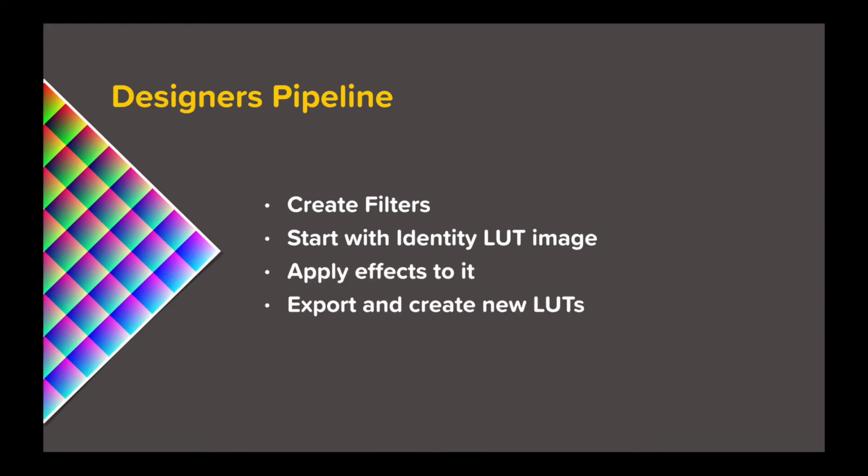Then they apply each of these values to different lookup tables, and then they export these to create new lookup tables. So I hope you got the point. They start with the LUT image, apply a bunch of filters using whichever tool they want, and export the image.